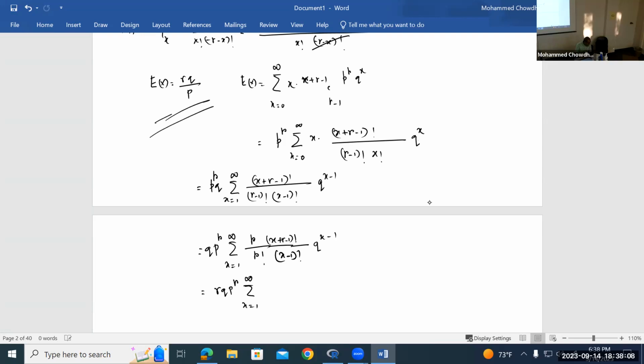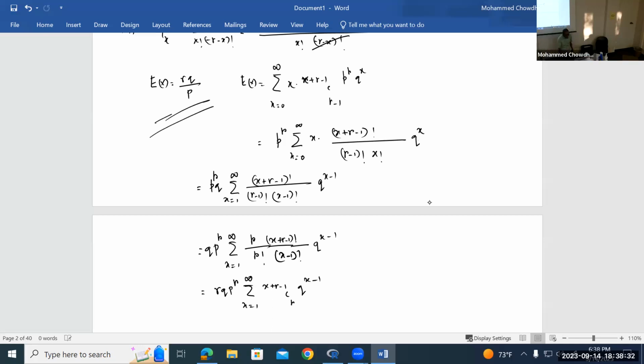A series could be written like this: r, q to the power r, x plus r minus 1, c r. It is written that way, and then q to the power x minus 1. That quantity can be written like this.